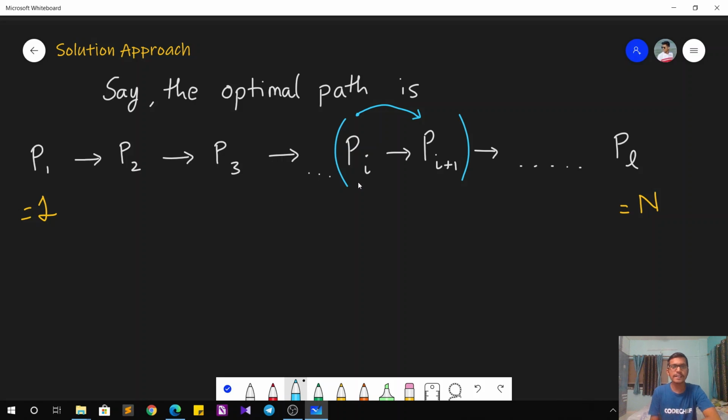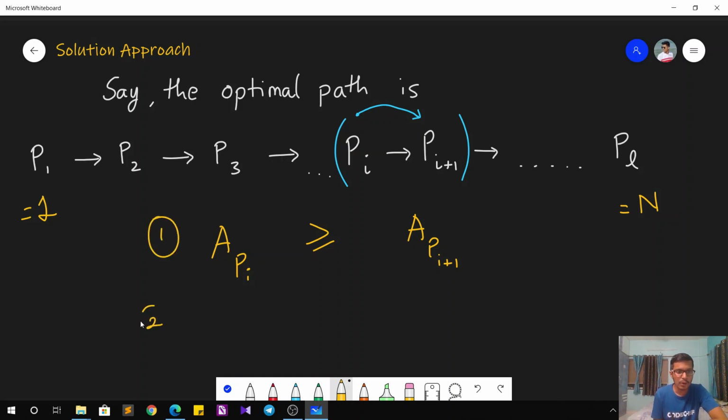The heights at these respective positions are going to be: the height at Pi will be A of Pi, and the height at Pi+1 will be A of Pi+1. Now, according to the question, the jump is valid only if A of Pi is greater than or equal to A of Pi+1. This is the first thing that I know.